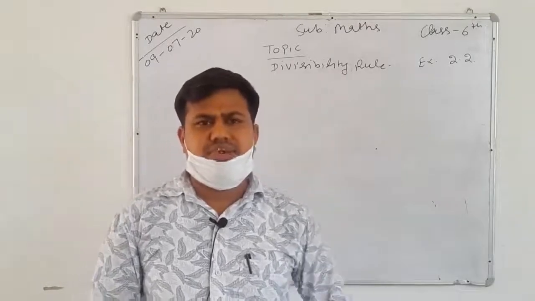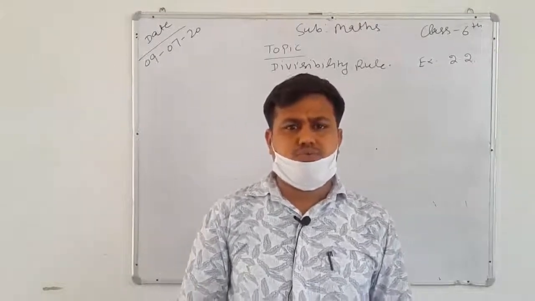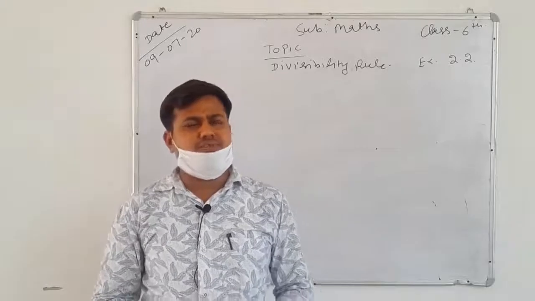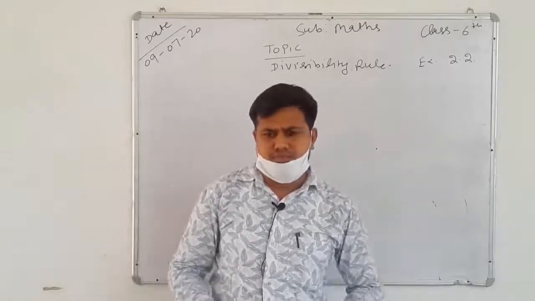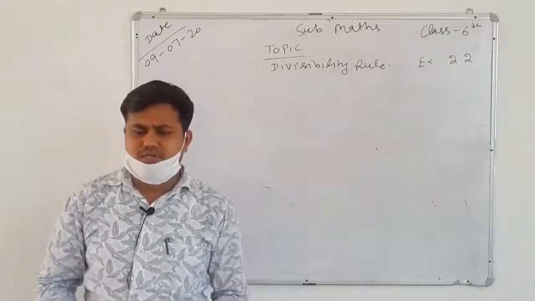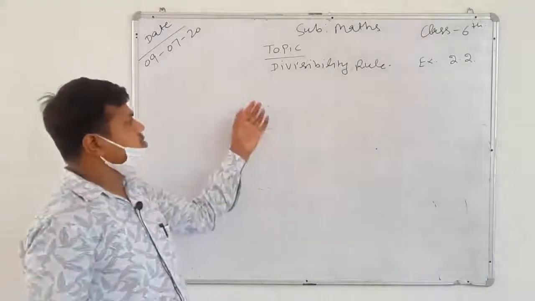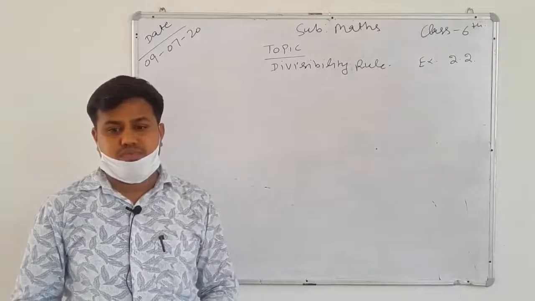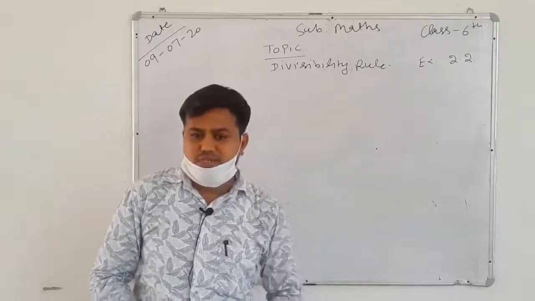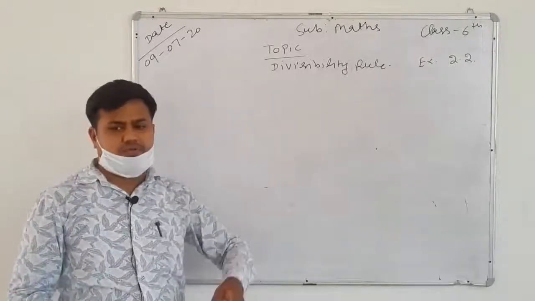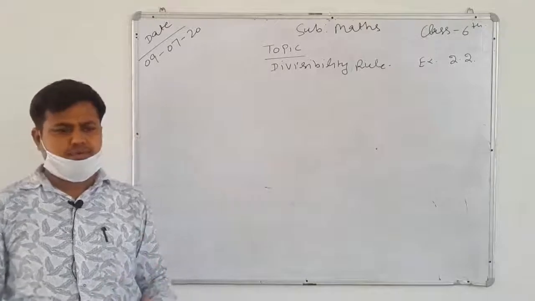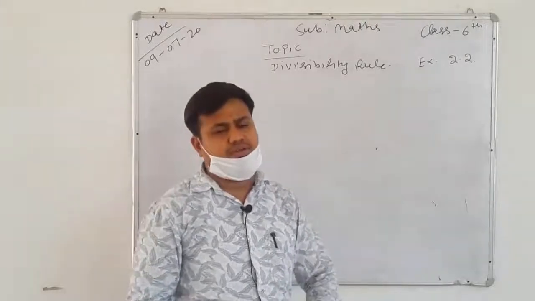Yesterday we discussed exercise 2.1, in which we found factors and multiples. Today our topic is the divisibility rule, in which we are going to discuss the divisibility rules of 2, 3, 4, 5, 6 and 7.